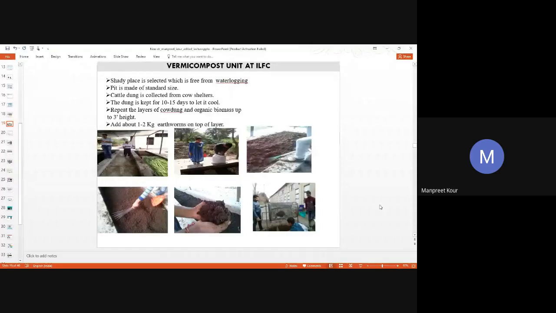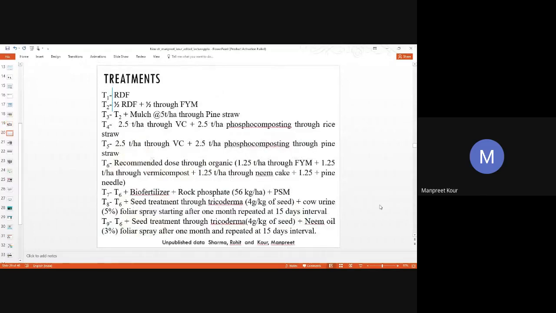Yes, this slide is talking about the treatments taken under temperate conditions. When I was there, I finished one INM trial, and I proposed another trial about organic treatments. Because in the subalpine condition at Bhaderwah, there are two main things that get wasted most: pine needles, because it is a subalpine zone and pines are available in plenty there.